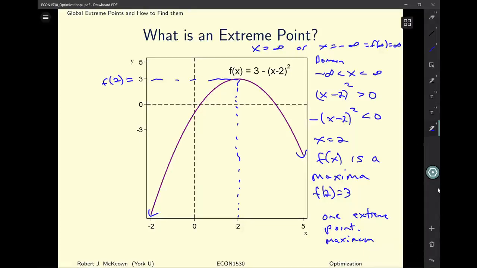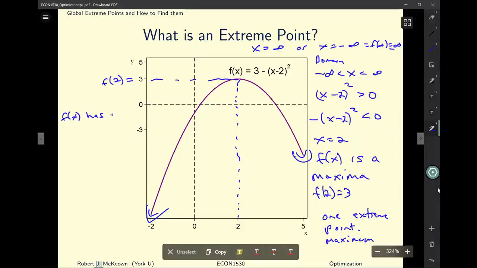This expression goes off to negative infinity, and I should have a negative there, negative infinity. And so we can write f of x has no minimum.